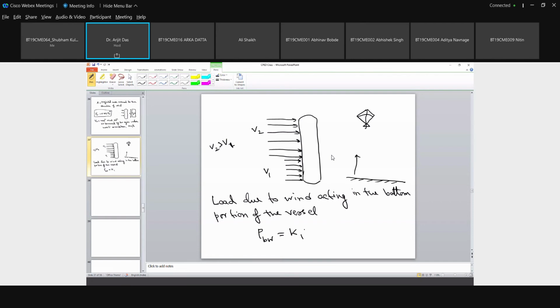That is a constant K1, K2, another constant, P1, H1, D naught, where you write down the PBW, which is nothing but the total force due to wind load acting on the bottom.